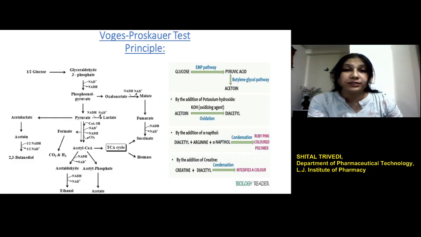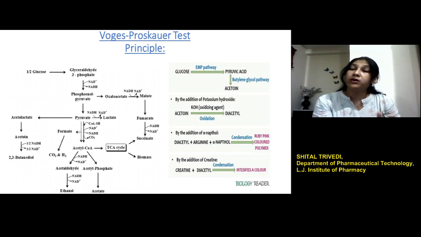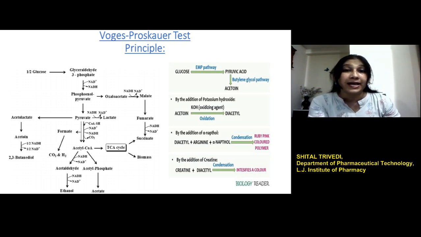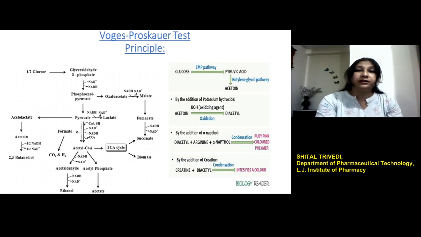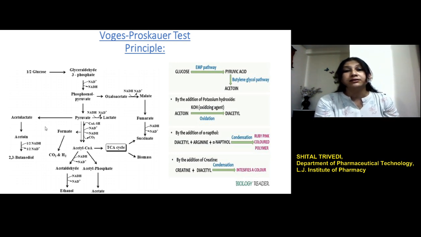Now let's see the next test, that is the Voges-Proskauer test, the VP test. This test determines whether the organisms are able to metabolize glucose into a particular product, that is acetoin. So these organisms follow the butylene glycol pathway to convert pyruvic acid, the glycolytic product of glucose, into the neutral compound, that is acetoin.